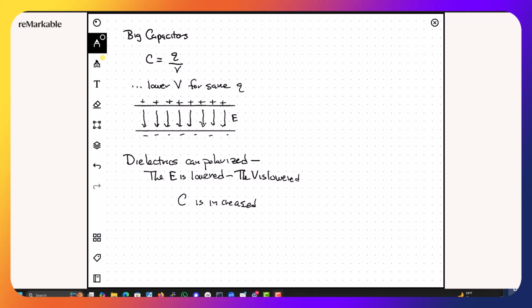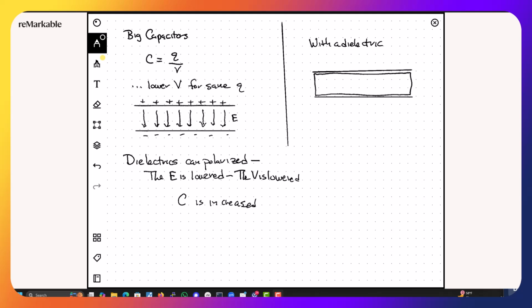So if we come over here, let's do the same thing on the right. Let me put a dielectric in. So this is with a dielectric. I still have my plates, same geometry, except now I'm going to put a block of this dielectric material in here, and it's supposed to fill the block.